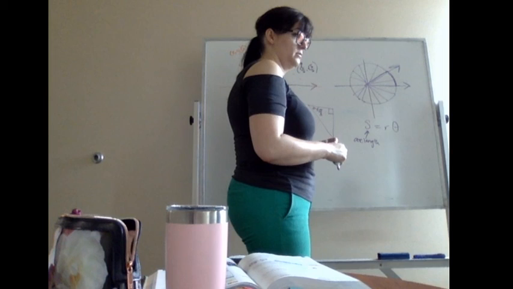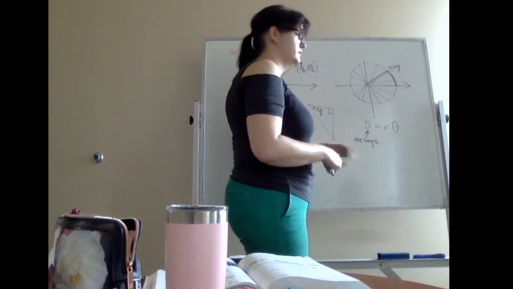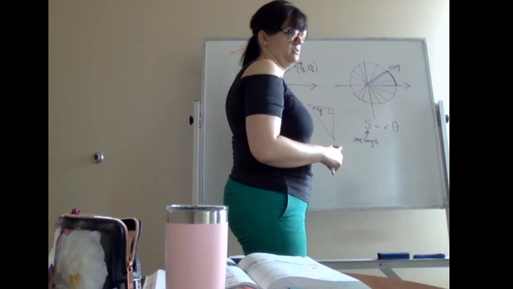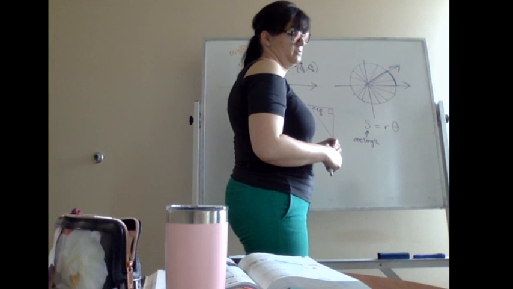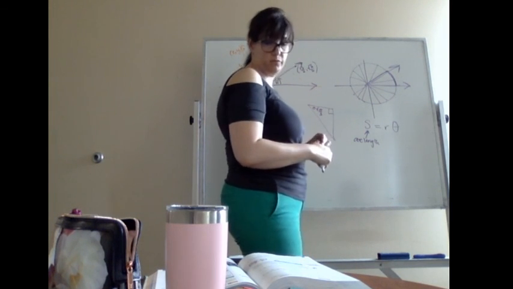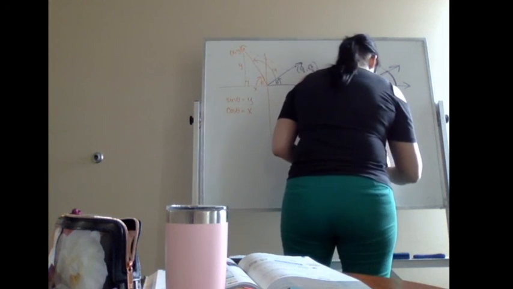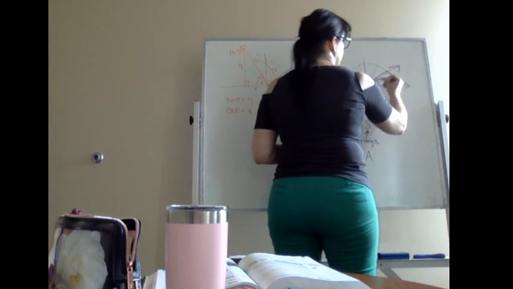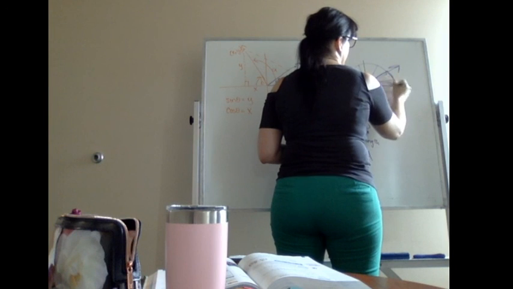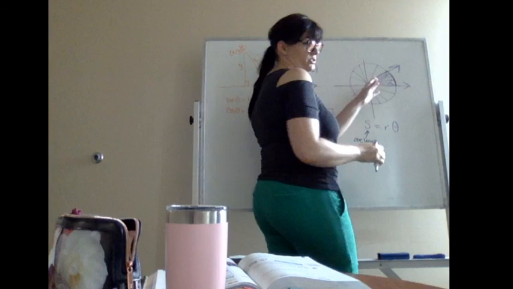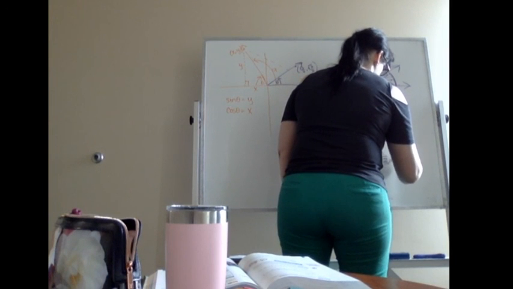Radius times theta is the length of this arc. Okay, so we just defined S as the arc length. And then if we want to define the area of this sector that's created, this portion of the circle, that's equal to 1/2 r squared theta.